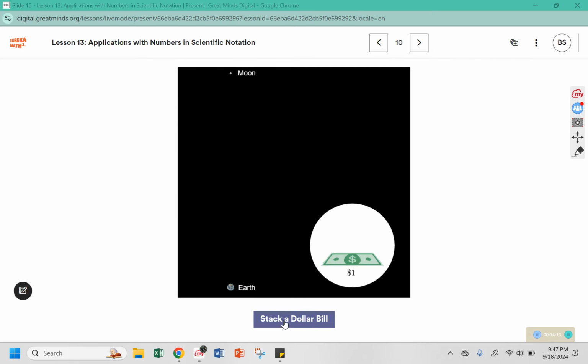Now we are going to stack a dollar bill. About how many dollar bills will we need to stack to go from the Earth to the moon? Now clearly this distance is not to scale, but we're trying to figure out how far we would need to go for that distance.